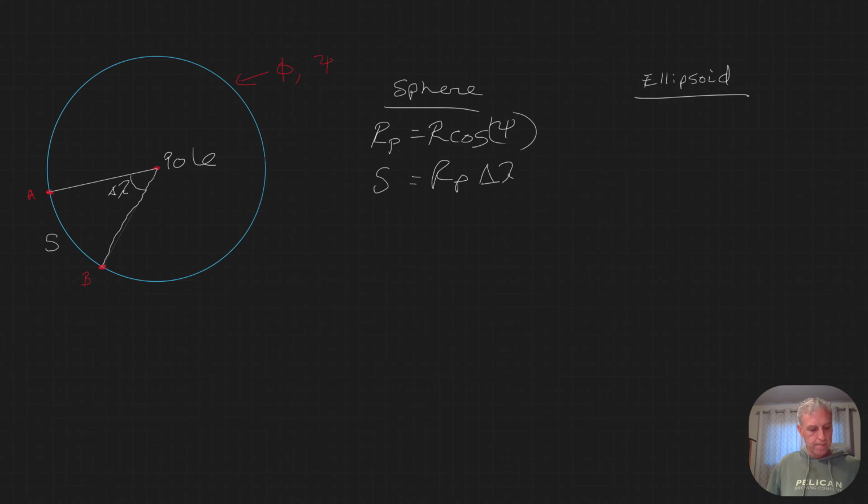So on the ellipsoid, we have P, which is what we call the radius of a parallel on the ellipsoid, equals n cos phi, which is our latitude, like psi, except on the ellipsoid, and s equals P times delta lambda. Super similar. So when it comes down to working from a top-down view, it simplifies quite a bit and is very familiar with our work on the sphere.